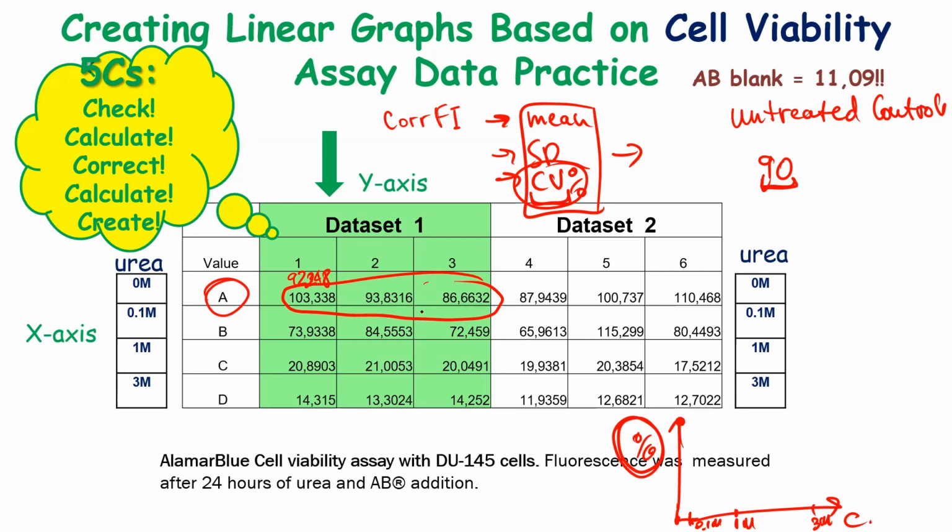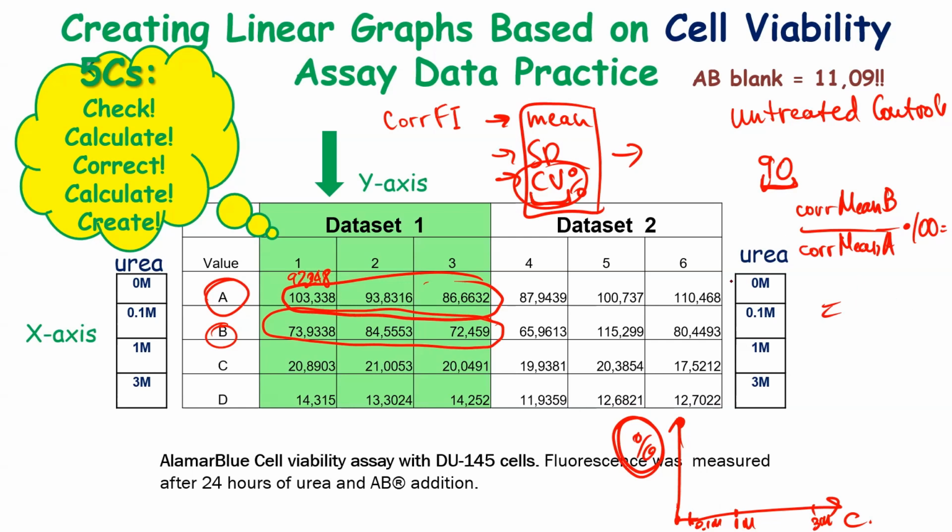Since you have this 100%, you draw it as 100 on your y-axis. Then you calculate the mean for your B row, and you divide the corrected mean of B by the corrected mean of A, multiply it by 100, and you get the relative answer for putting it on your graph.